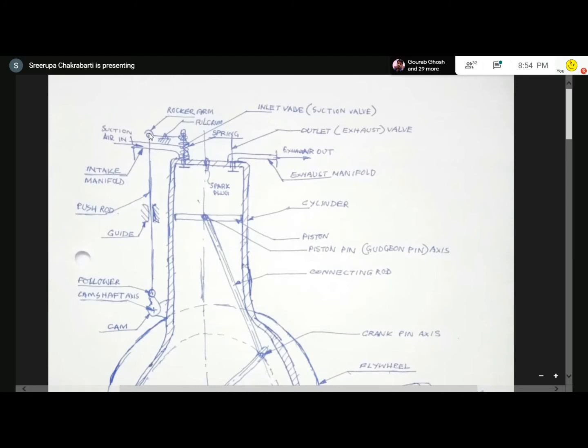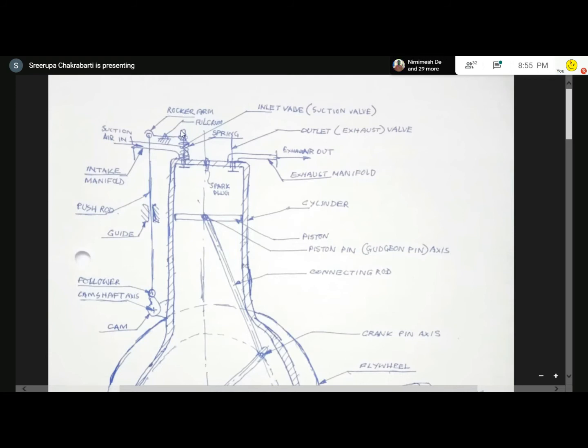So this end of the push rod will move up and down. As it moves, the rocker arm, which is in the form of a fulcrum, has one end moving up while the other end goes down, because the fulcrum is fixed. The other end acts on a poppet type valve. This is the spring.